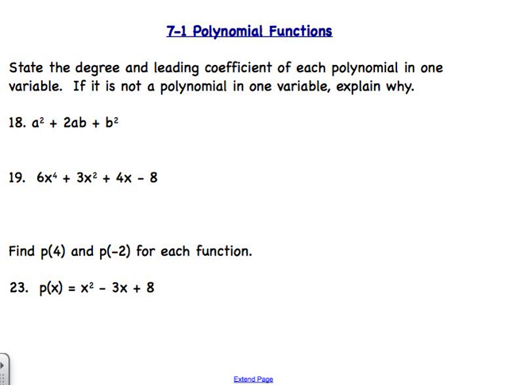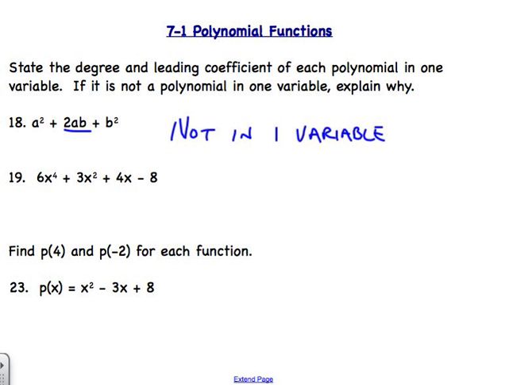Because there are two different variables, this is not a polynomial in one variable. So we can write that down. And if that's the case, we are done with number 18.